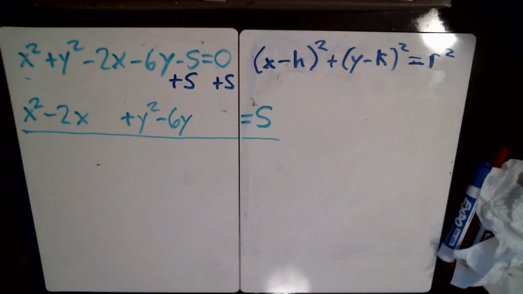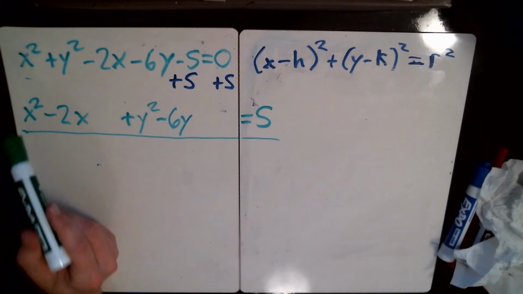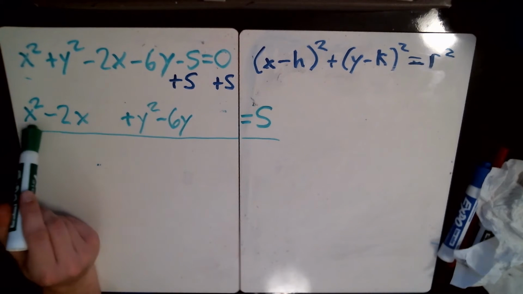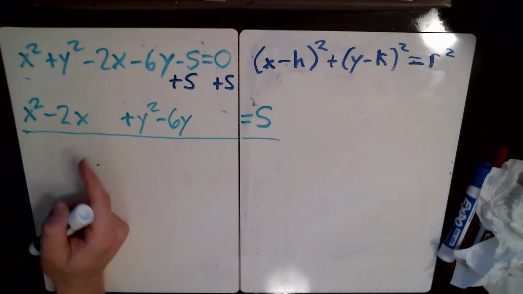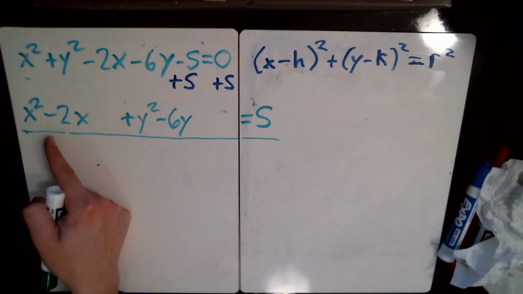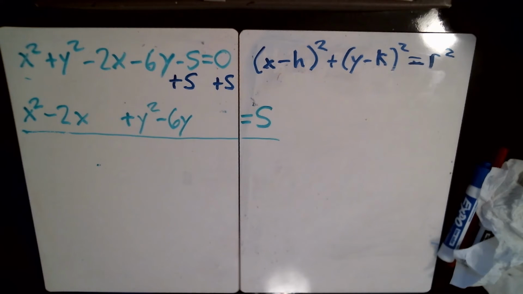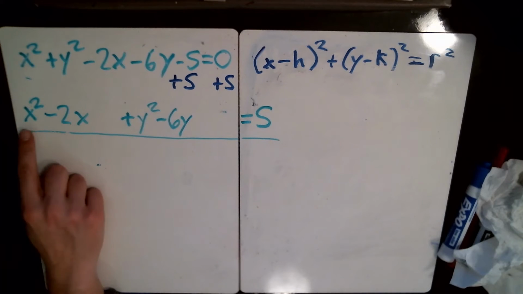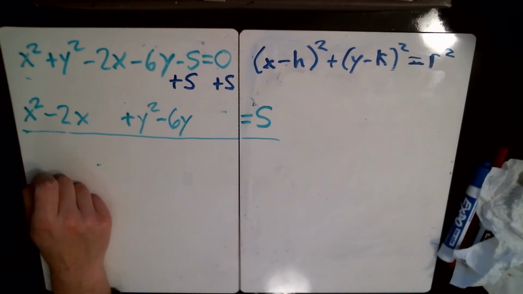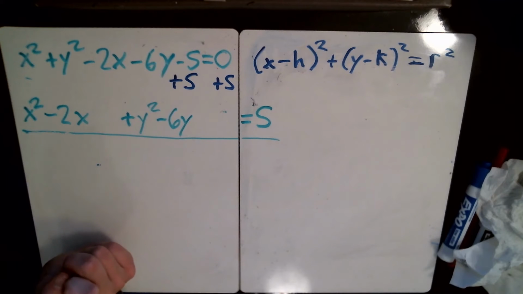But what I want to do here is rewrite this x squared minus 2x. Those are all the x's in the equation. I want to rewrite it as x minus some number squared. If you remember back from when we learned completing the square, there is a way that we do that. We can figure out what square is really close to this expression, and then add in a number to make it exactly right.